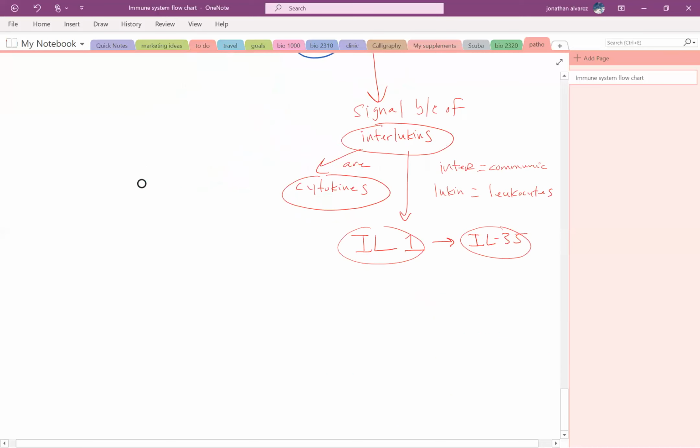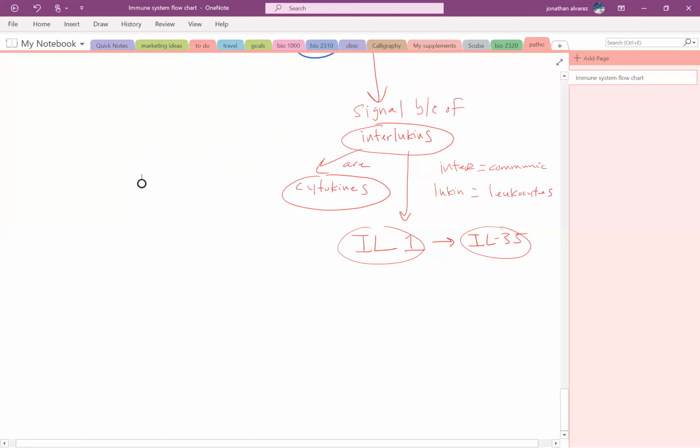And guess what? Every single interleukin has a very specific function. And we're going to know them and own them and test on it. I'm just kidding. That's too much. We're going to look at some of them. We're not going to look at all 35, but we'll definitely look at some of them so that you can see what they do.